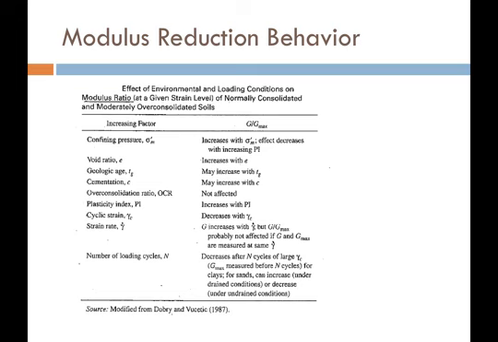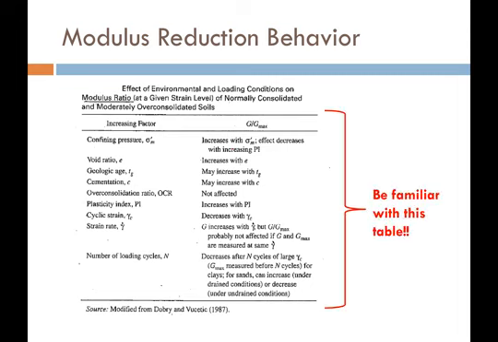So you can see things like geologic age, cementation of the soil, cyclic strain, PI, over-consolidation ratio, all those things, and you can see how G over G max is impacted by these factors. I recommend that you be very familiar with this table and understand how each of these different factors could impact the behavior of the modulus reduction curves.